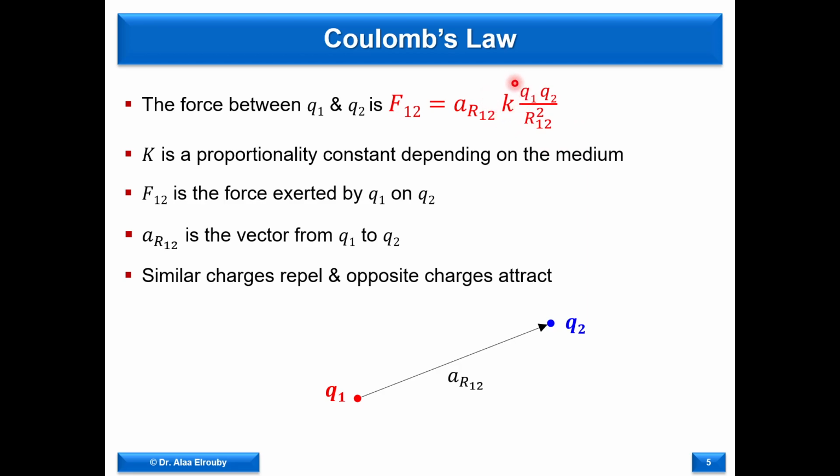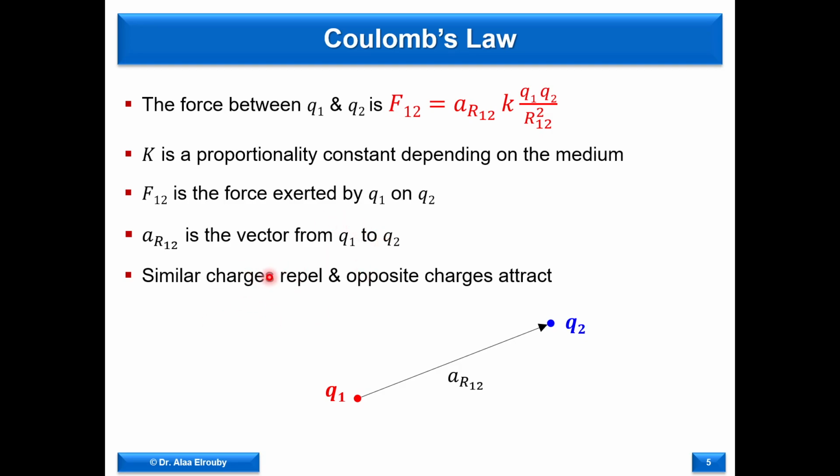K is the constant of proportionality, and the direction of force is such that if the two charges are similar, they will repel, going away from each other. If they are of opposite charge, they will attract each other.